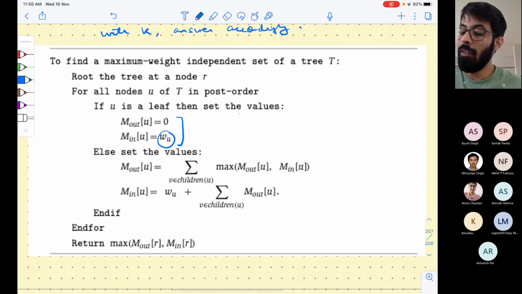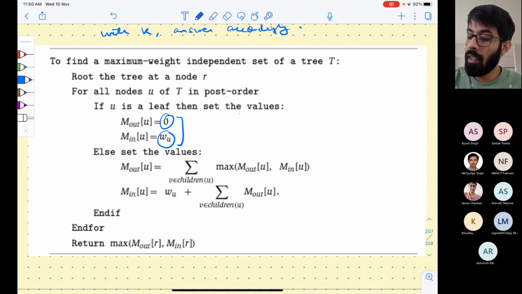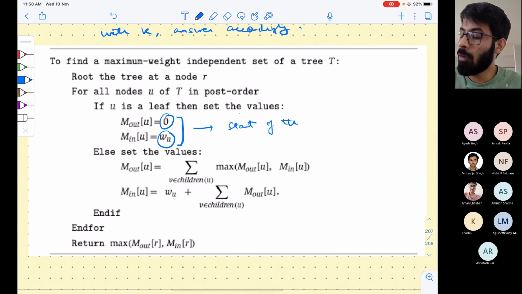That is just the leaf itself. And what is the maximum independent set that does not contain it in that subtree? The subtree is the leaf itself, so that has weight 0, and the one that contains has weight W_U, right? So this is the start of the recursion, the start of the DP, the base case.